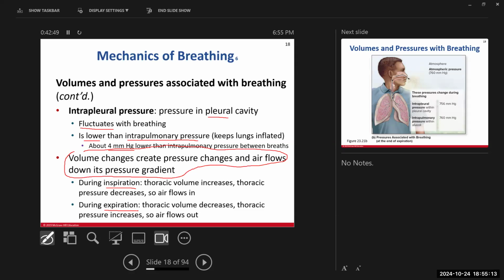It increases. And it increases more than the pressure in this room. So what's the air pressure in this room? 760. So that means that we need to increase the air pressure in our lungs to 761 or greater. And when we do that, air moves out of the lungs.